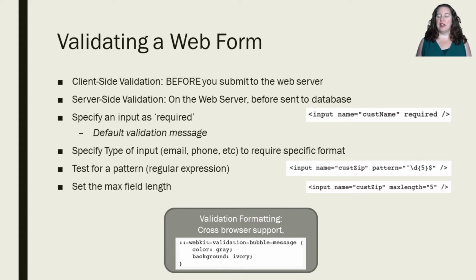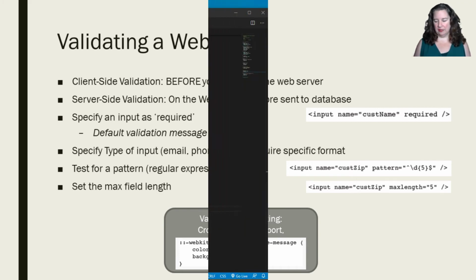So we're going to add some validation to our form to go ahead and make sure that some data fields get filled in correctly. Again, formatting is going to use some cross-browser support using the types of bubble messages or types of messages that come up. We can change the backgrounds and things like that. So let's go do our web form or our validation.